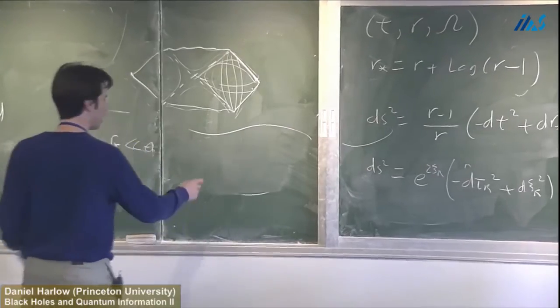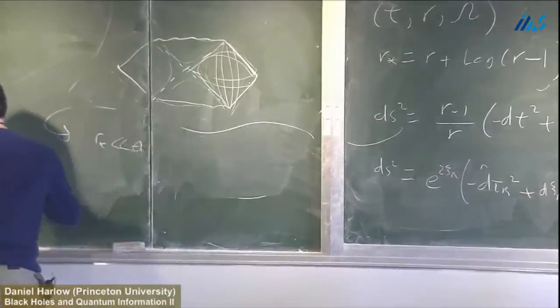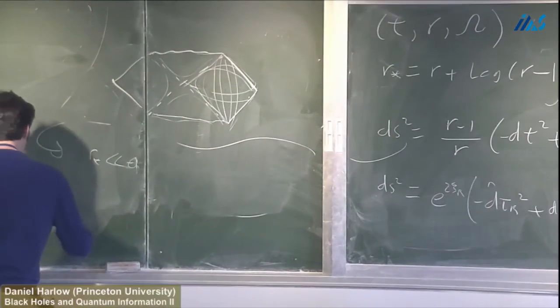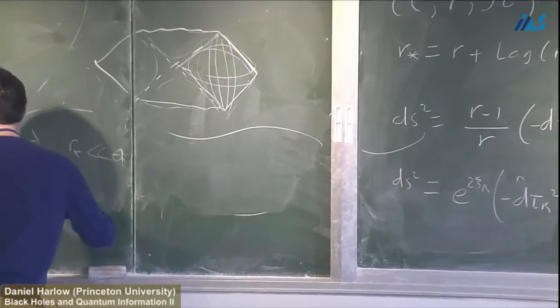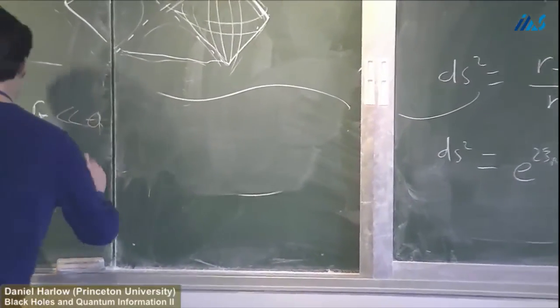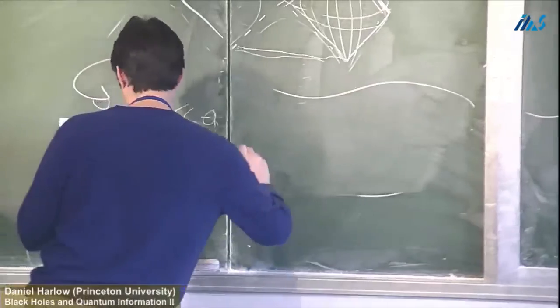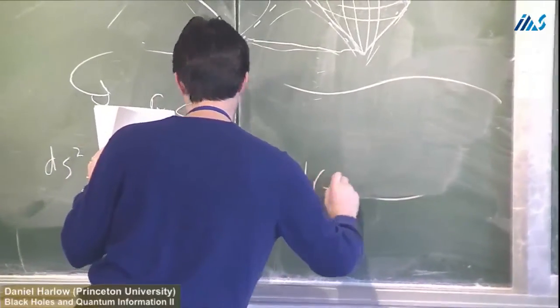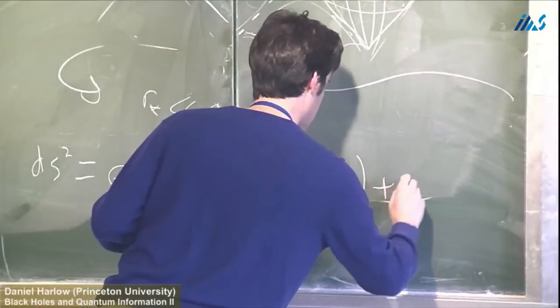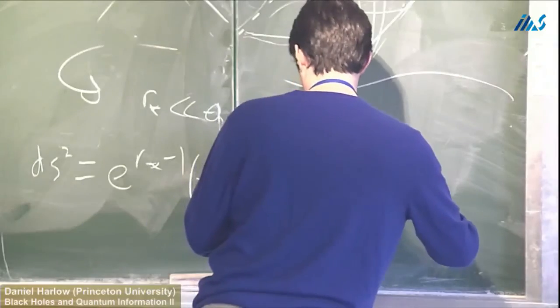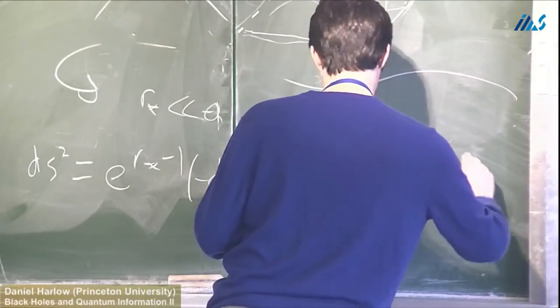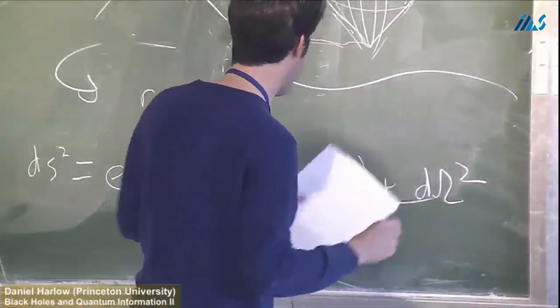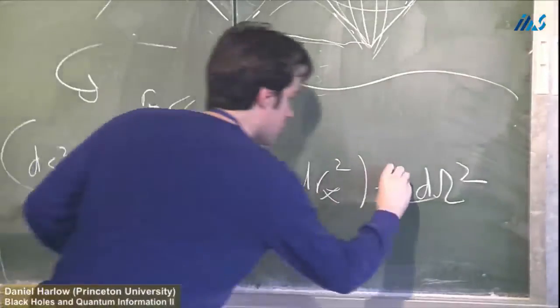So in this limit, this metric here just becomes e to the r star minus 1 times minus dt squared plus dr star squared plus r squared d omega squared. There's a typo in my notes, with an r squared.